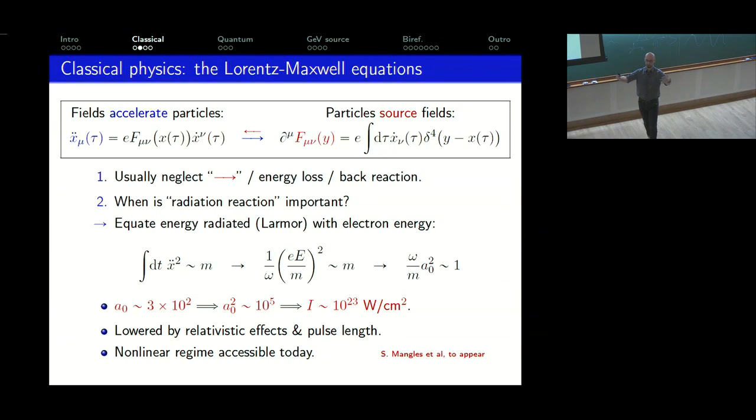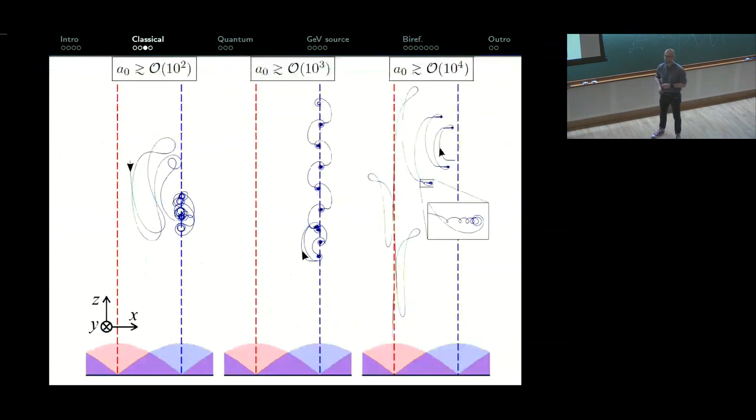So maybe I've fired two lasers across each other to set up a standing wave. Let's just ask the question, how will a particle move in that standing wave as I increase the intensity? Here's the answer. This is three separate pictures showing you particle motion in fields of ever-increasing intensity, order 100, 1,000, and 10,000. Yes, that is ridiculous, but bear with me.